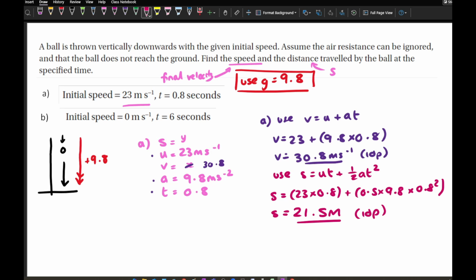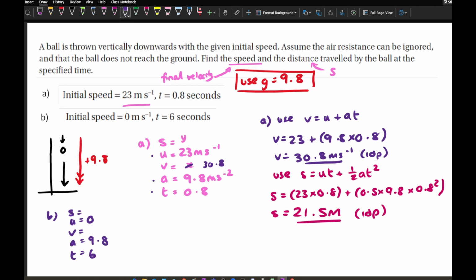Now for part B, I just need to repeat the process. So for B, if I start by writing my SUVAT, I'm just repeating my method from part A in terms of the formulas used. So for part B, my initial velocity is 0, my time taken is 6, and the A value is 9.8.